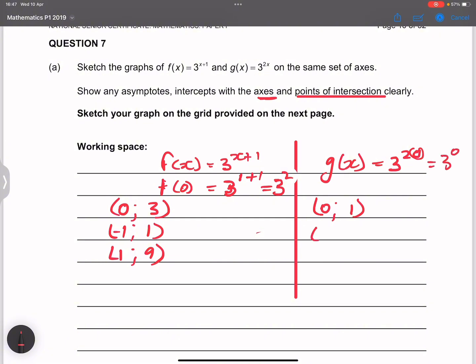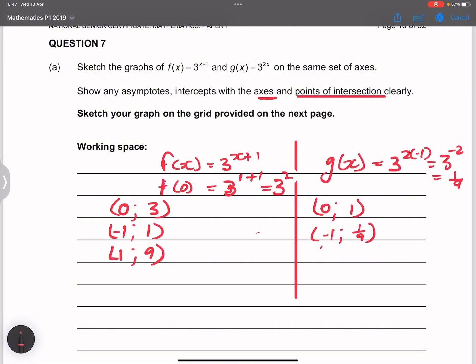At minus 1, what do we get? We will get 3 to the 2 times minus 1, which is negative 2. So that gives us 1 over 9.